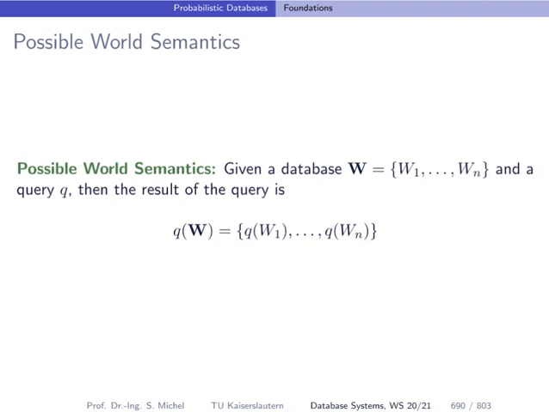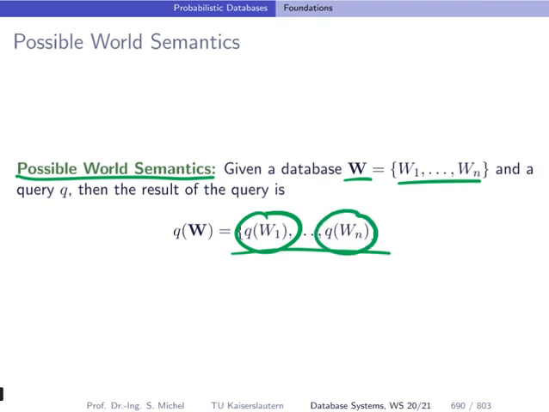So what does all this mean for the semantics of the query evaluation? That means if you have a query Q in the probabilistic database, what is now the result? Well, if you have a certain database with possible worlds, then the result of the query in the so-called possible world semantics is simply a set of query answers, which is: apply the query on world 1, apply the query on world 2, and so on until you apply the query on world n.